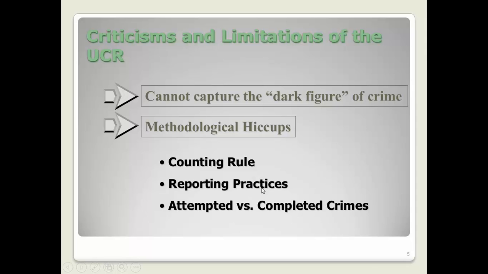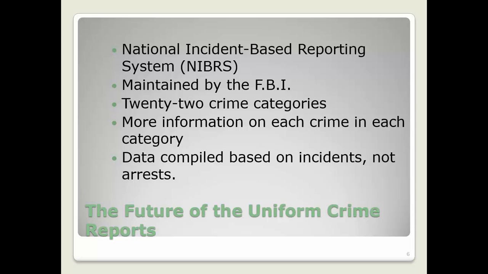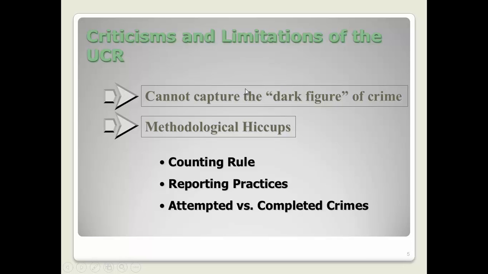So again, UCR data is crime collected by municipal agencies, usually county agencies all over the United States, and it's reported to the FBI, who compiles it. The future of UCR data, they've been saying this since I was in college, is that we're switching over to a new system called NIBRS. NIBRS eliminates some of these hiccups that are in the UCR data.